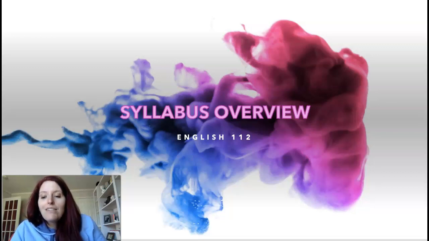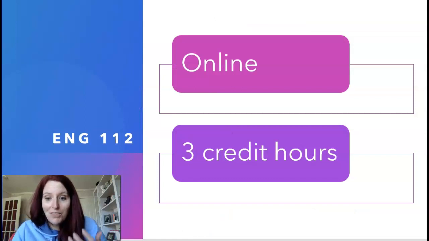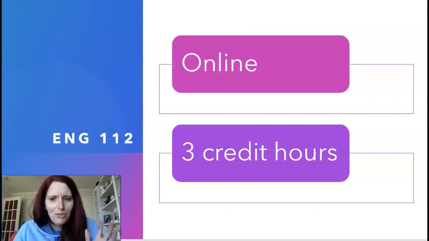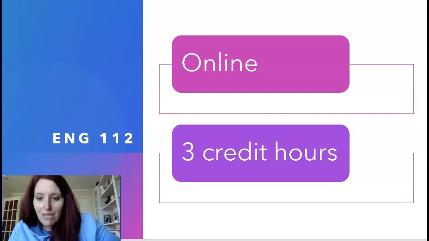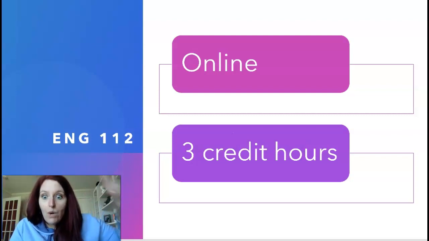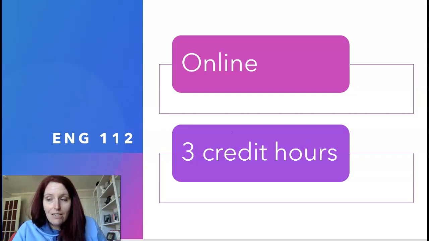So you guys are enrolled in English 112, and fortunately or unfortunately, for better or for worse, we are all online this semester. So everything will be done via Canvas, via Zoom, whatever. We won't meet collectively as a unit in a synchronous manner.